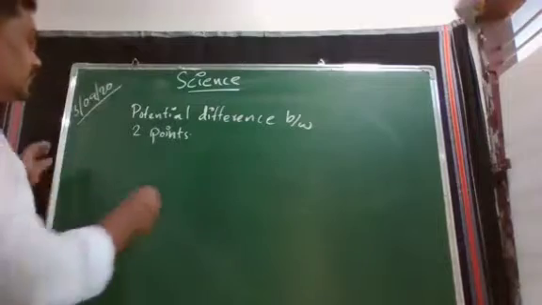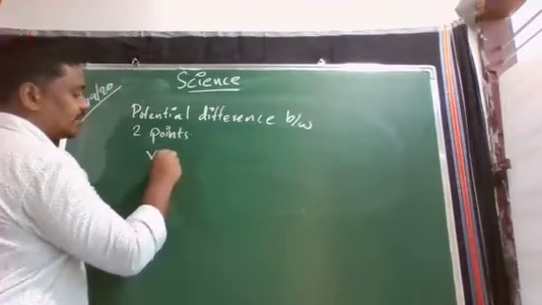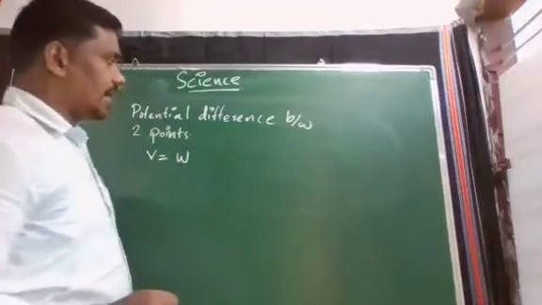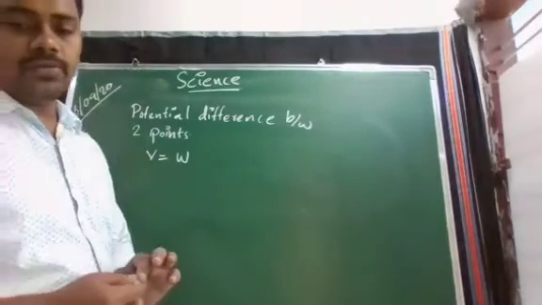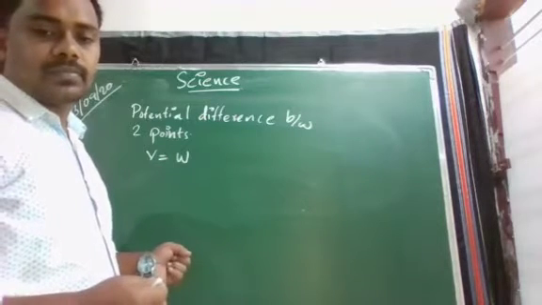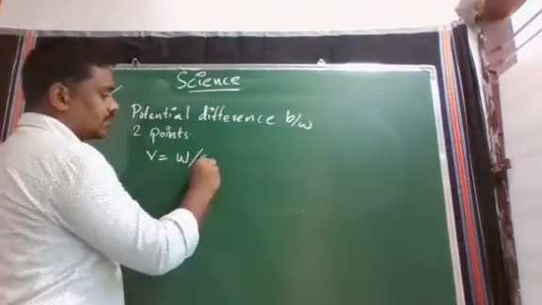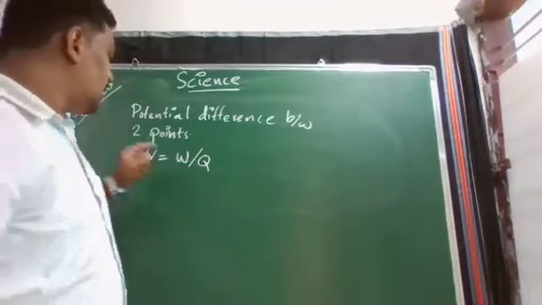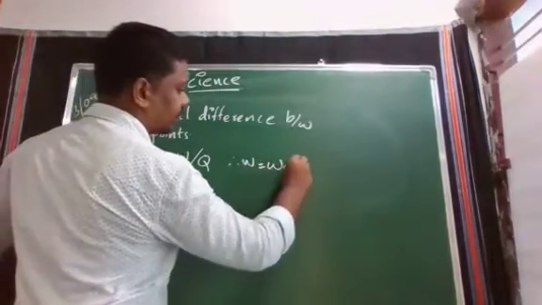V is equal to work done, W, by charge Q. So we can say V is equal to W by Q, where W is work done and Q is charge.